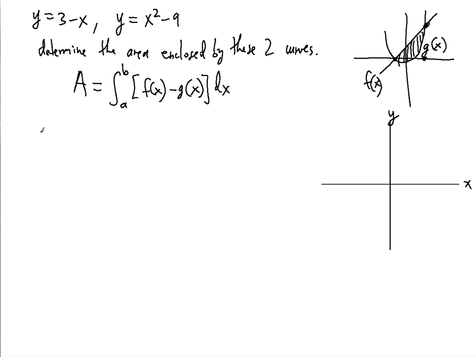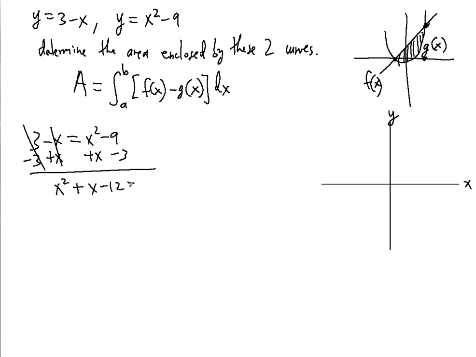So let's see. If we set 3 minus x equal to x squared minus 9, adding x and subtracting 3 on both sides, we get x squared plus x minus 12 equal to 0. That's the quadratic function. To find the x values, you can use the quadratic formula, or you can try to factor it.